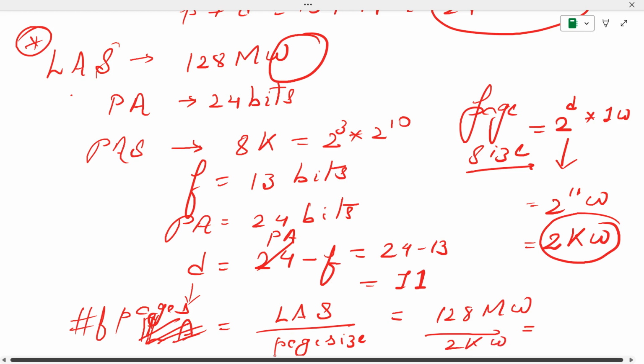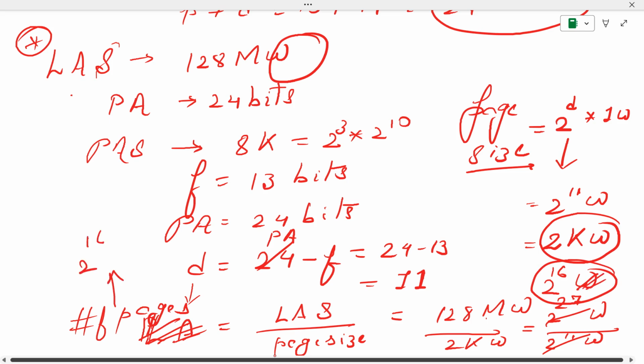This is 2 raised to the power 27 words upon 2 raised to the power 11 words, so it is equal to 2 raised to the power 16. Sorry, the words will get cancelled, so the number of pages becomes 2 raised to the power 16.